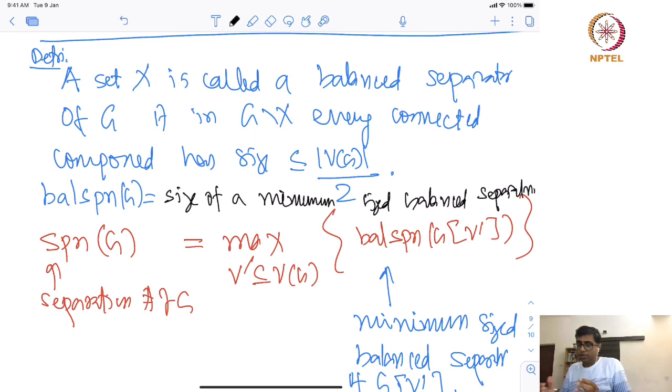So, what is the smallest size subset whose deletion has the property that every component has size at most half of the original? And what is the separation number of a graph? You go over every vertex set of my graph and ask, what is the balanced separation number of this? Meaning, for any induced subgraph, what is the minimum sized vertex set which does this job? And I take the maximum over this.